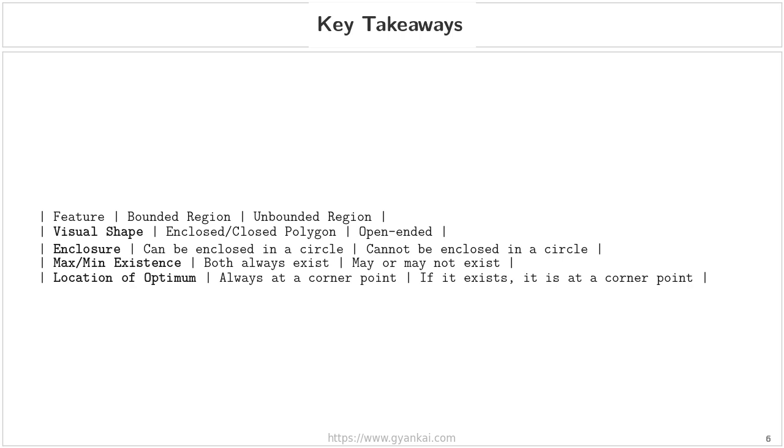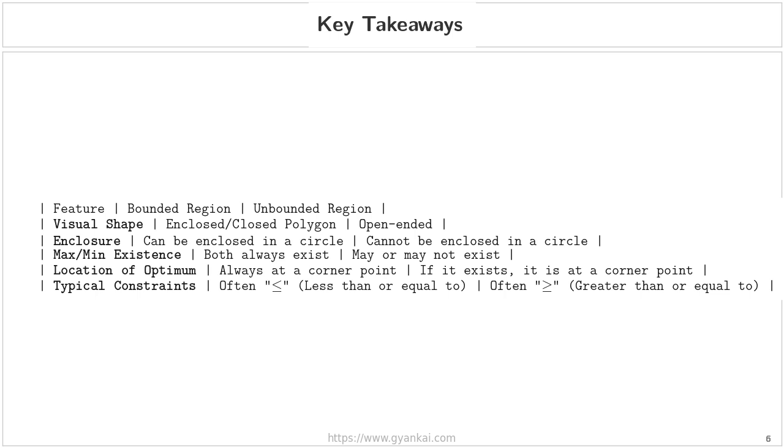The fourth row, location of the optimum, is a very important tip for your exams. For a bounded region, the optimal value is always found at one of the corner points or vertices. For an unbounded region, the rule is slightly different. If an optimal value does exist, it will still occur at a corner point, but you must be careful to check if the function could actually increase or decrease infinitely.